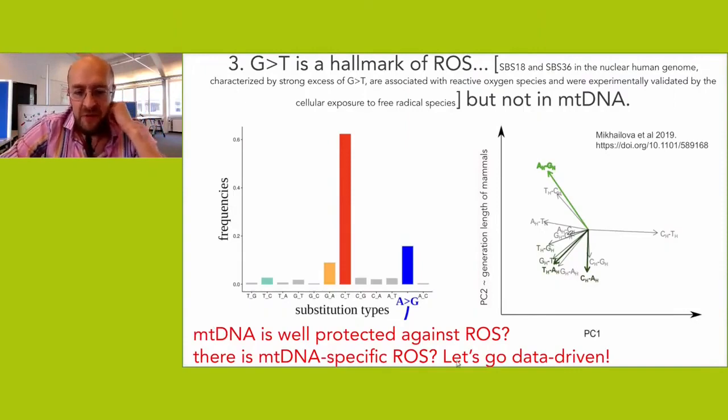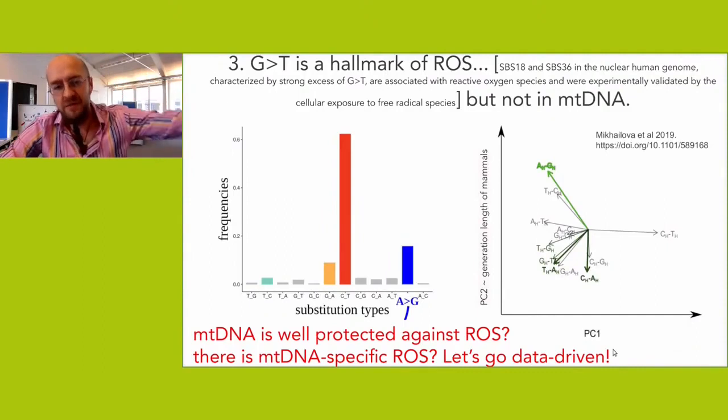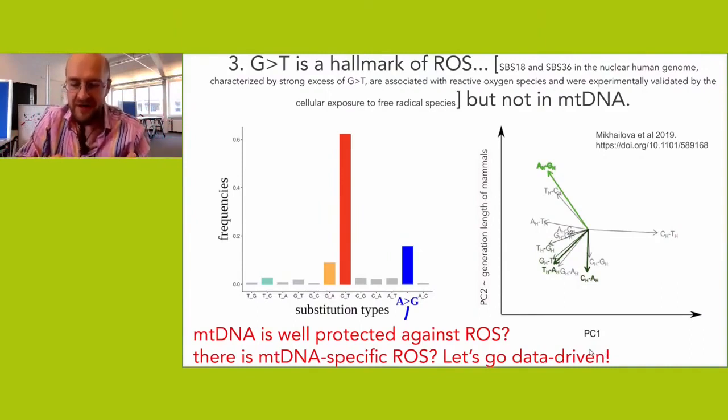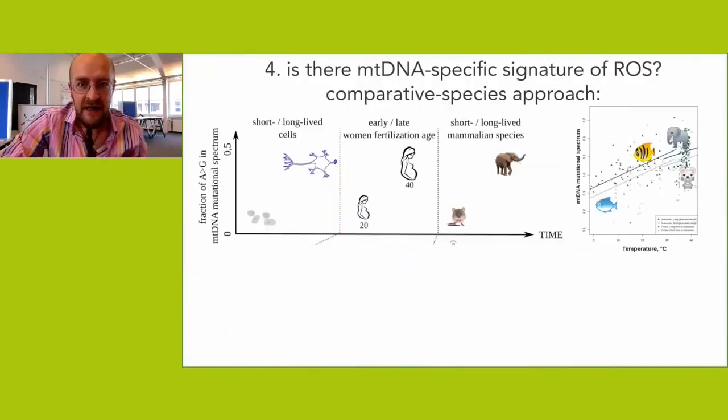We don't know the answer, but we decided to go for a data-driven approach, compare many species, and see which category of mutation can discriminate species with different life history traits. That's what we did. Let's start from the middle. First of all, we compared hundreds of mammalian species. For each species, we reconstructed the mitochondrial mutation spectrum based on polymorphic data from GenBank.